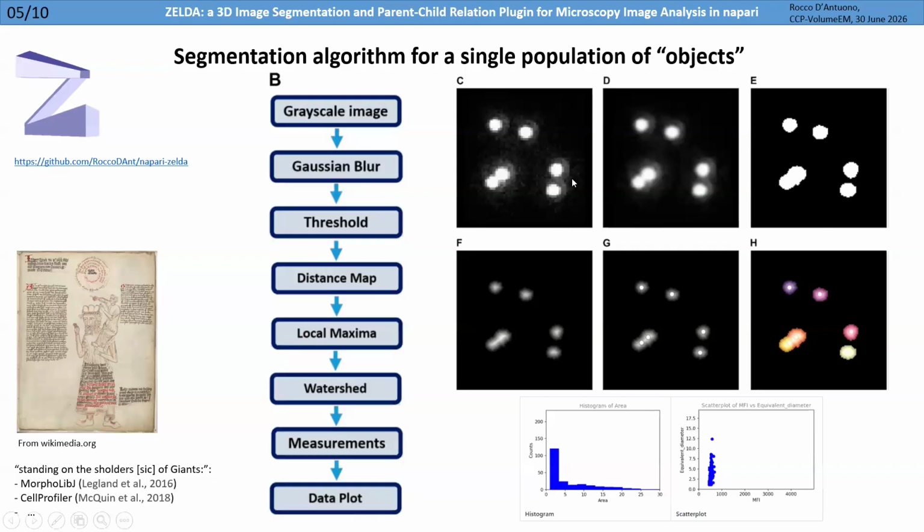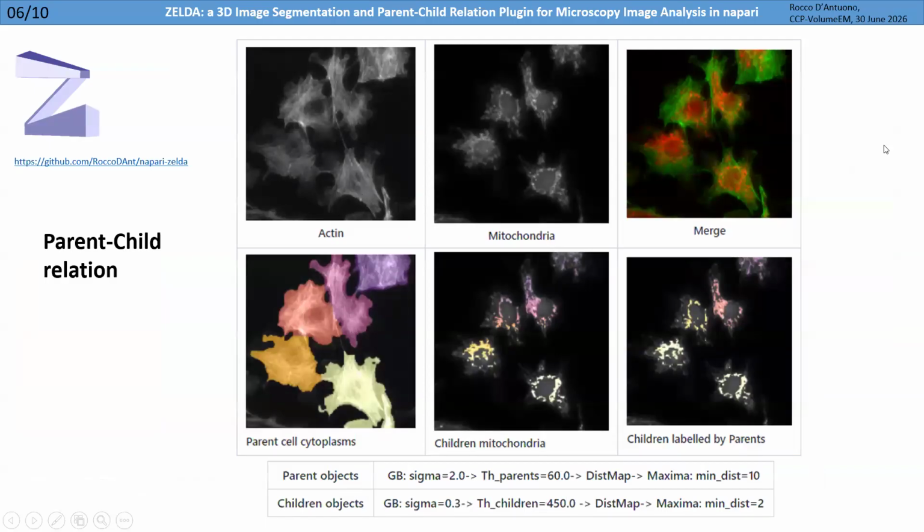So we simply translated this into the world of Napari and added also the possibility to relate objects following the parent-child relation. As an example, one could be interested in segmenting cells. So you can see in the second row, there are cells labeled with a different ID, and one could be interested in segmenting organelles.